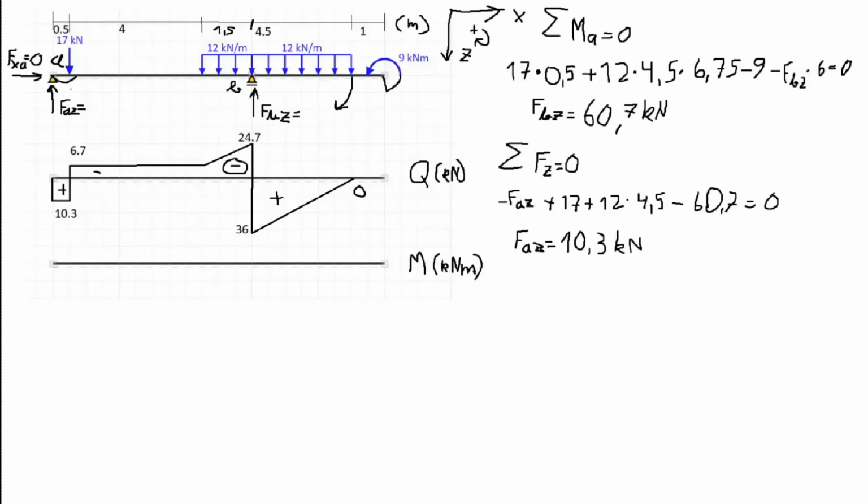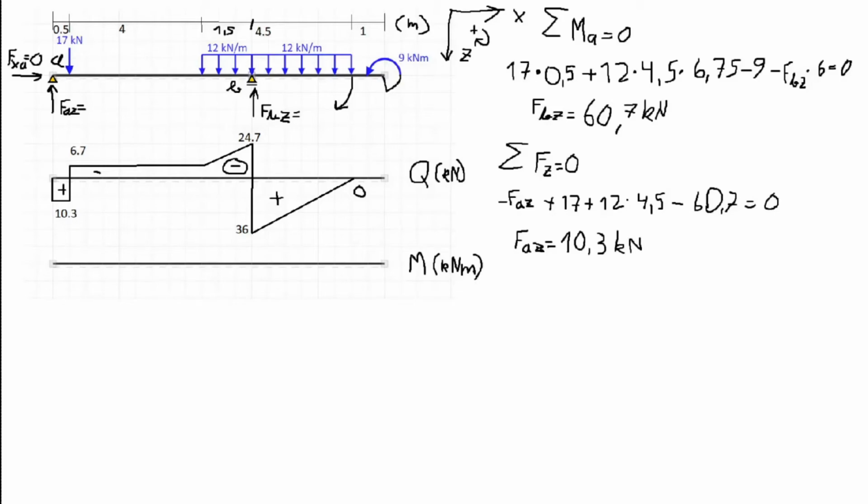So when we have a horizontal line, this will change to a linear line. When we have a linear line, this will change to an exponential line. So at point A, since we don't have any moment, the reaction moment within the beam will be equal to 0. So we'll start from 0.